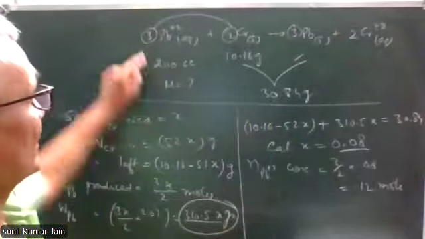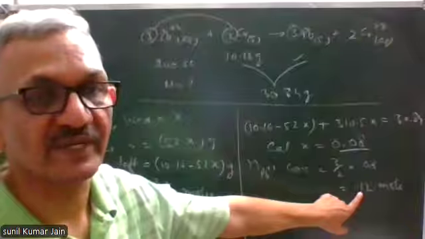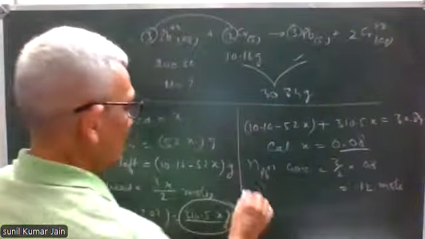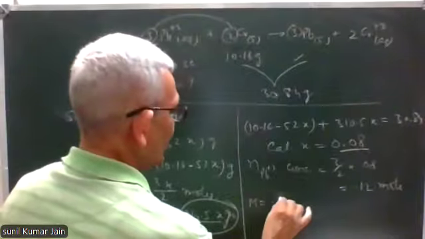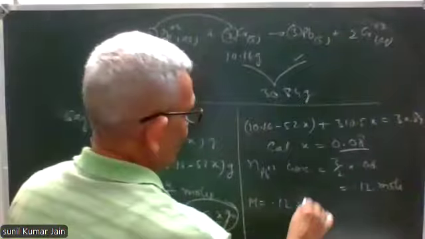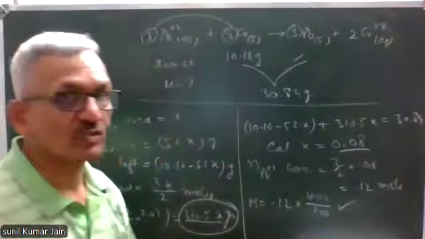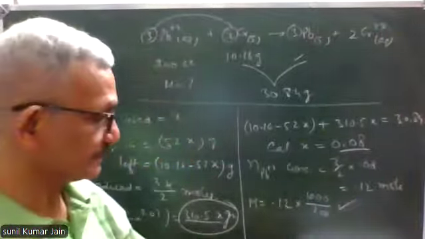It means this solution contains 0.12 mole of lead sulfate. Now final answer, molarity of this solution will be number of moles of lead ions, that is lead sulfate, into 1000 divided by volume of solution. This will be the final molarity.